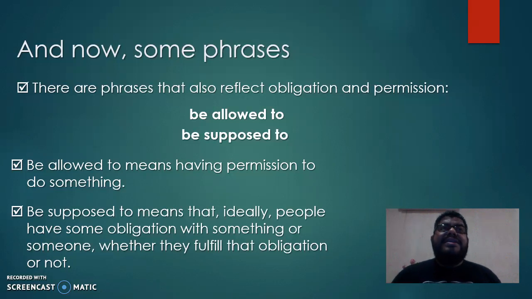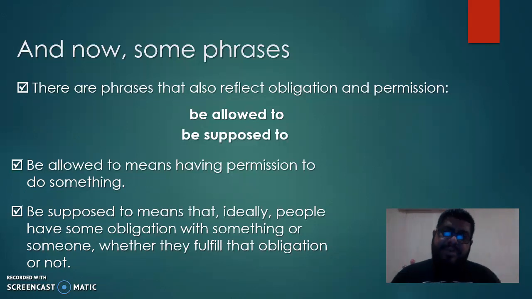That means that something or someone allows you or allows people to do something. Be supposed to means that ideally people have some obligation with something or someone, whether they fulfill that obligation or not.